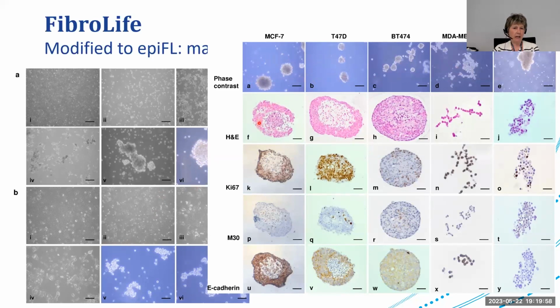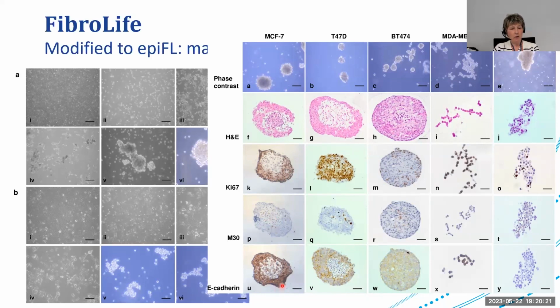And we've taken sections of these spheroids. Here you can see H and E. We've stained with Ki67, and typically what you see is an outer layer of proliferating cells, which is stained with Ki67, and apoptotic cells in the center when you stain with an apoptosis marker.